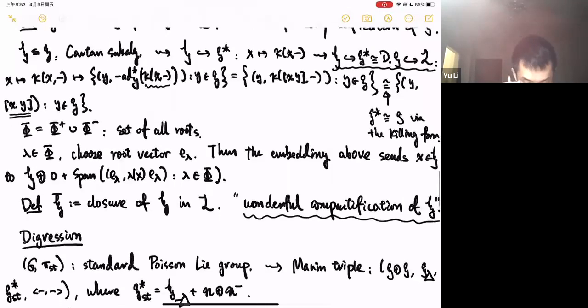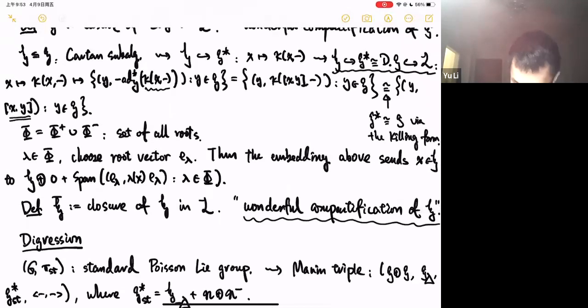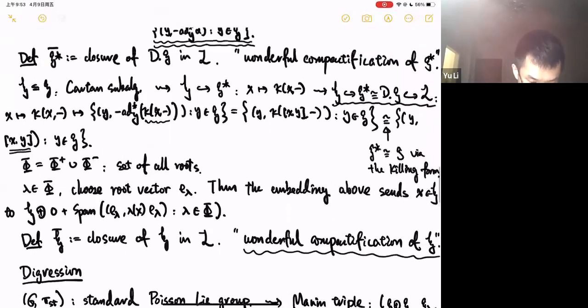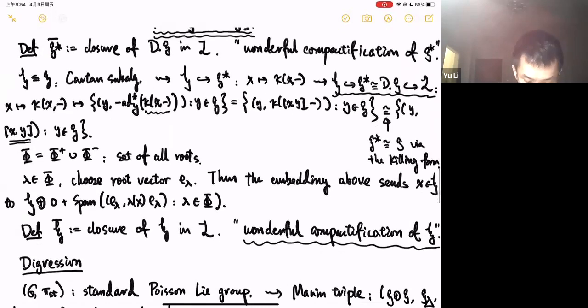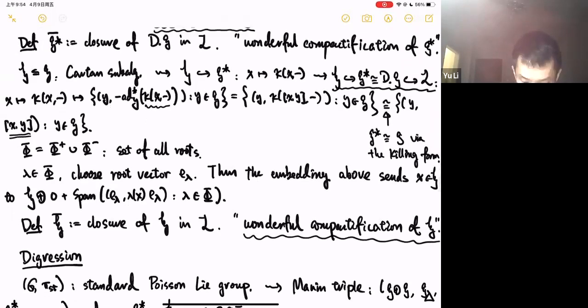All right, so just to be a bit more explicit, and maybe also explain a bit why H bar is easier to understand than G star bar. We let Phi be the set of all roots, and for each root lambda, I choose a root vector E lambda.